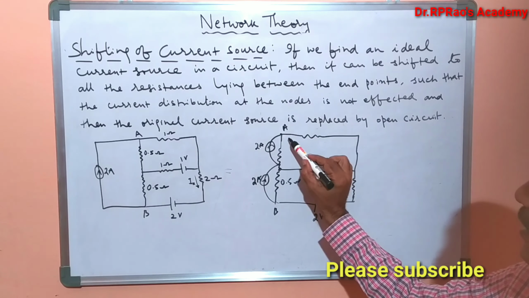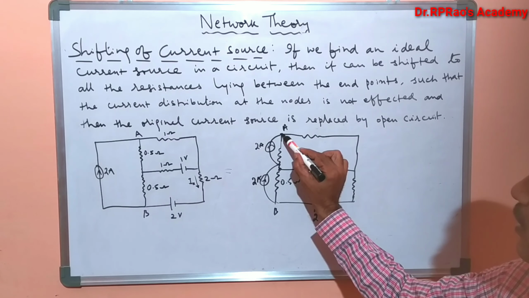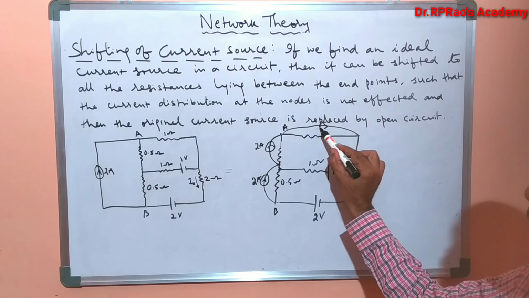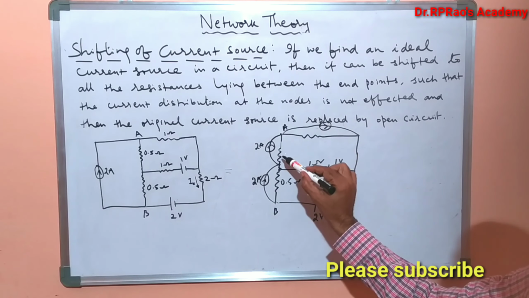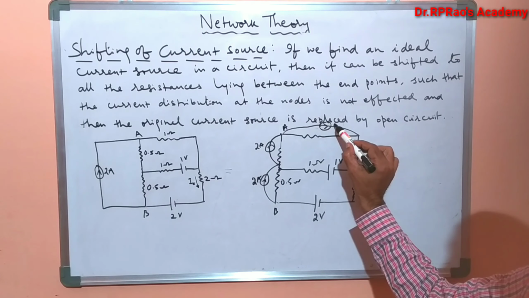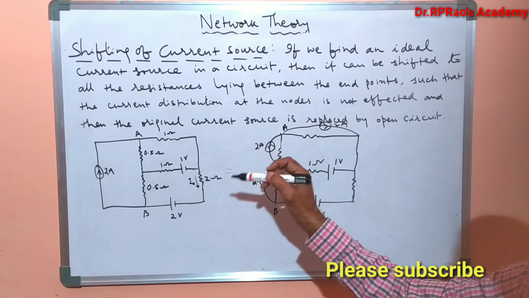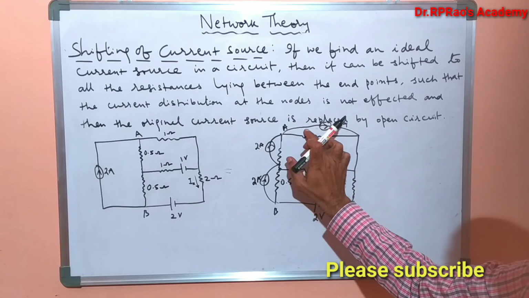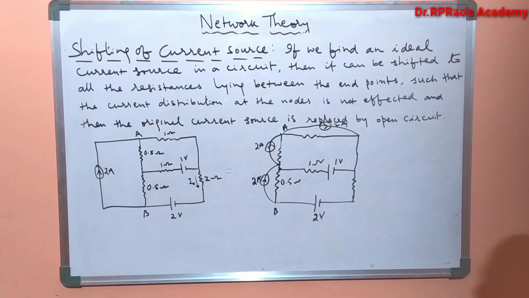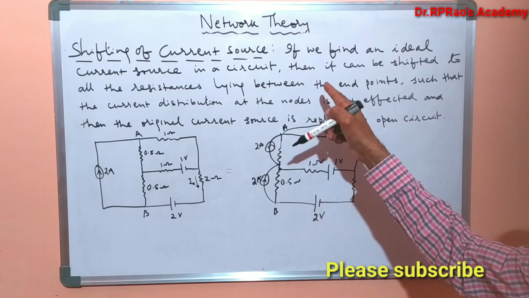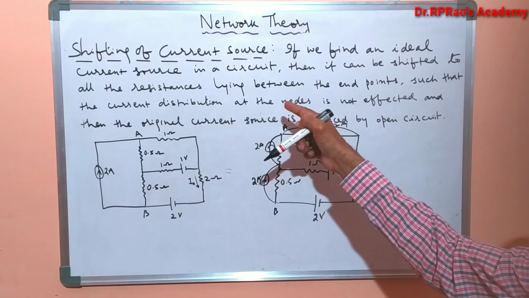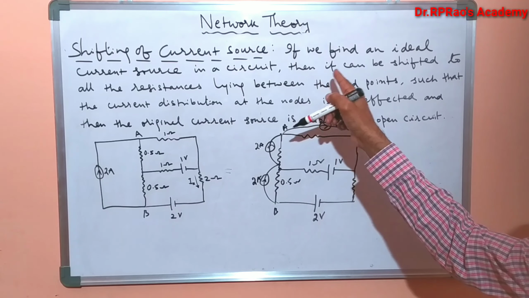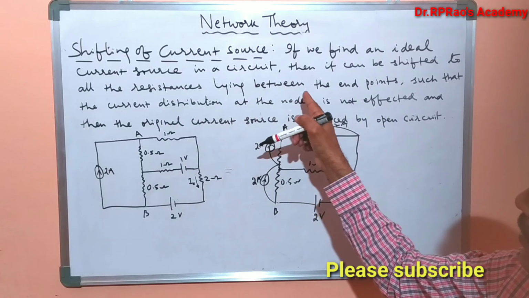If we shift it like this, at node A, 2 amperes entering and 2 amperes leaving. But in the original circuit, it is only entering, 2 amperes entering, but not leaving. So this is not allowed. As per the statement, it is shifted to all the resistances lying between the endpoints.